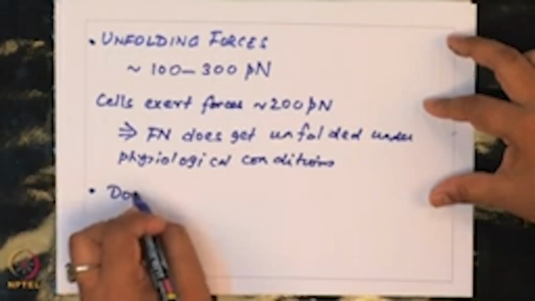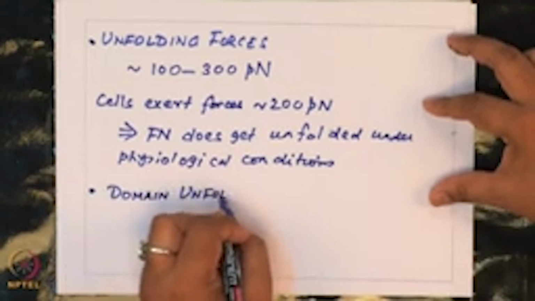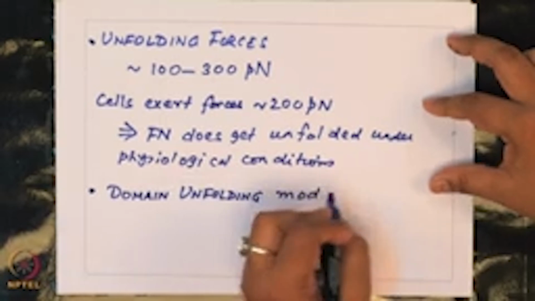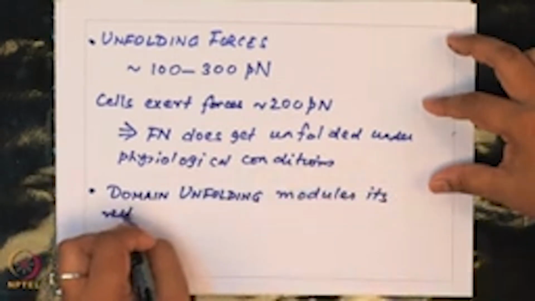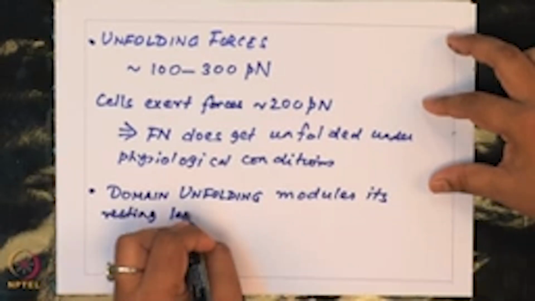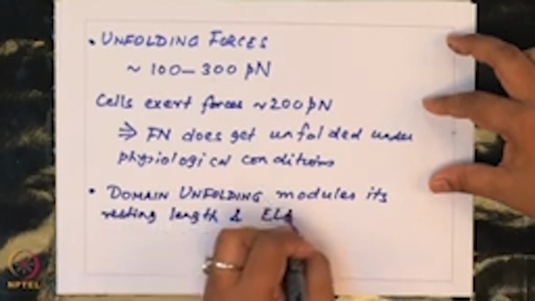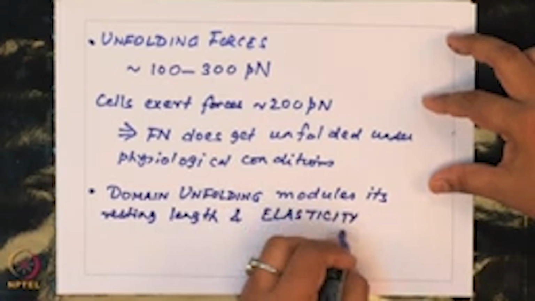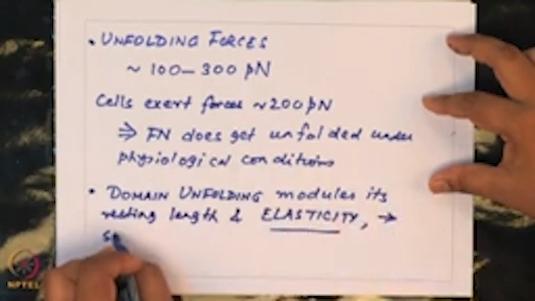So, domain unfolding, in a sense, modulates the elasticity. Okay. And of course, the signaling.